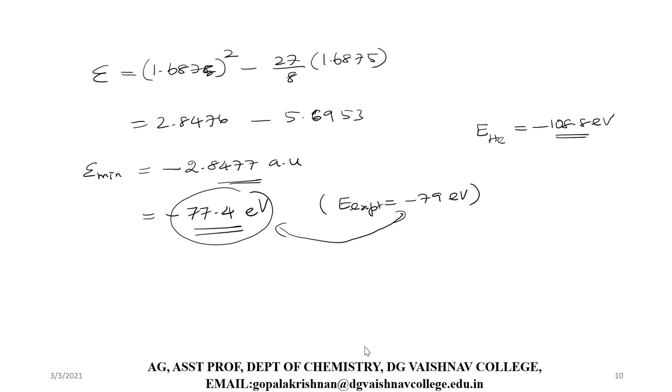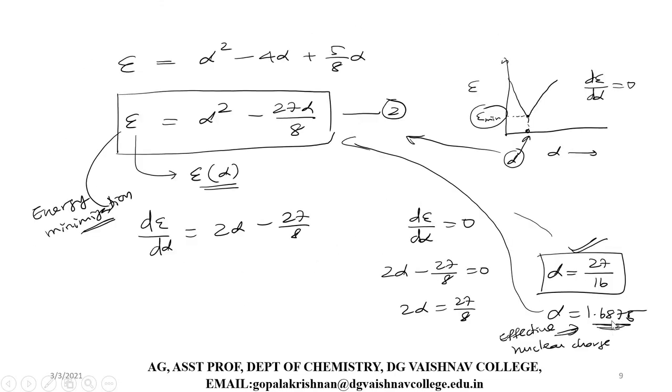So now you know the value of alpha, 1.6875. Substitute this alpha value in the trial wave function, and you will get a somewhat better wave function for the basis function, the hydrogenic function, that we have chosen.